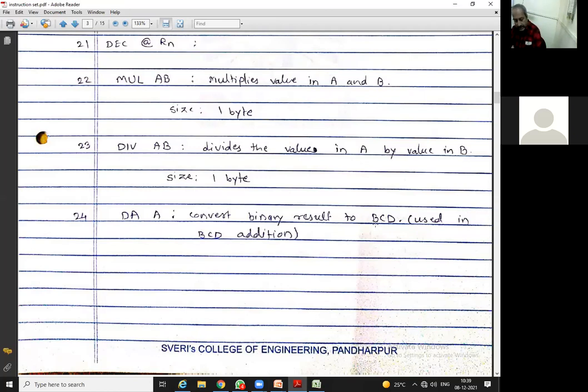Because we all know that all these instructions, DA, DIV, MUL, have a fixed hex code.